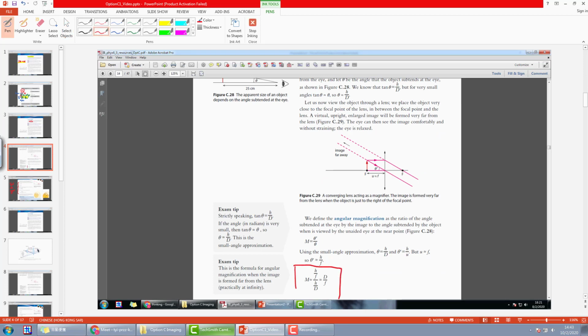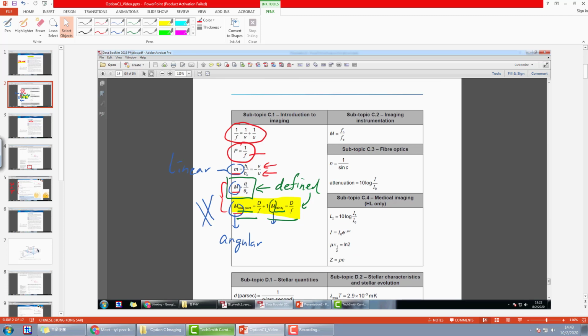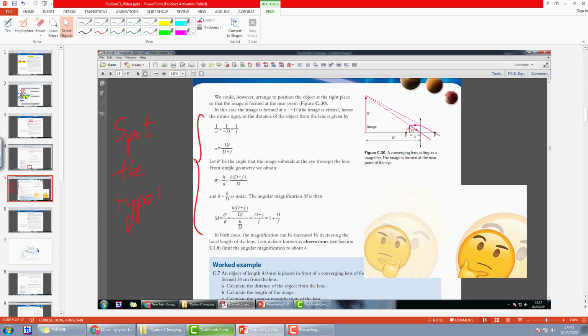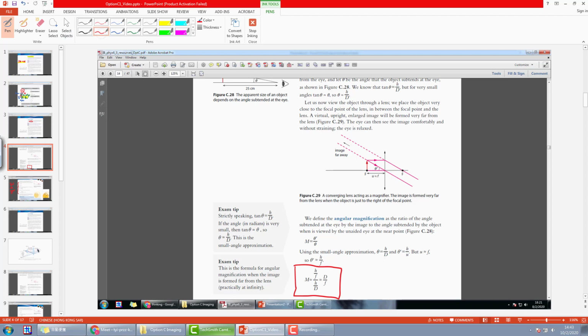The first equation, if you refer back to your data booklet, is the equation for infinity, the one on the right-hand side first. I don't know why the textbook does that, but anyway, maybe this one is easier. You may want to remark in your book that this is for infinity, and infinity means the image forms at infinity.